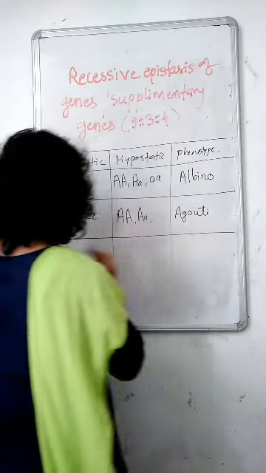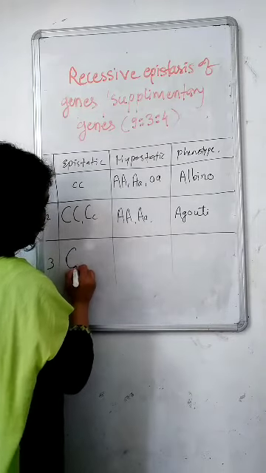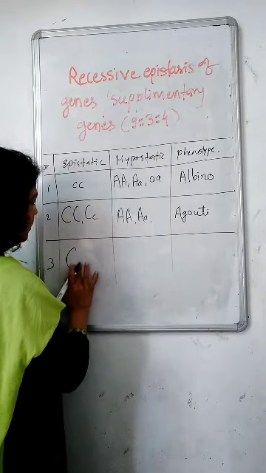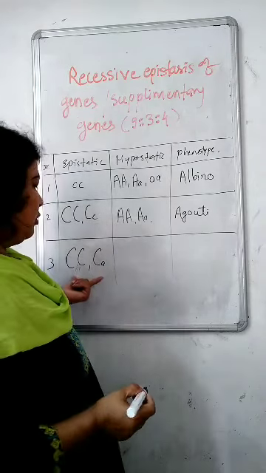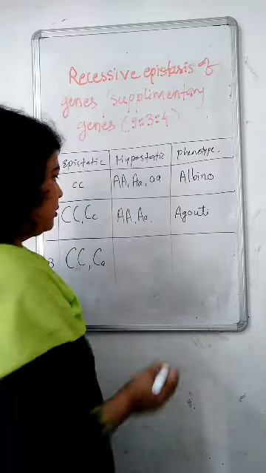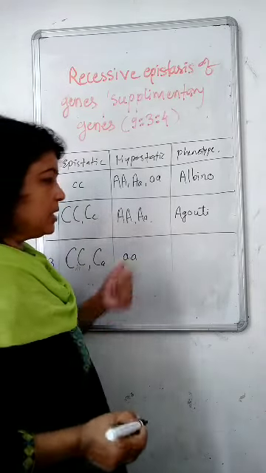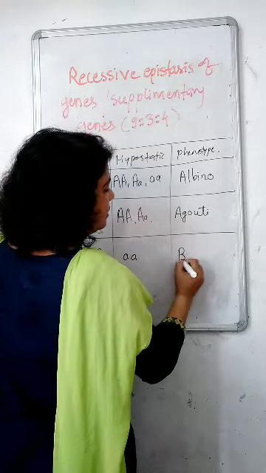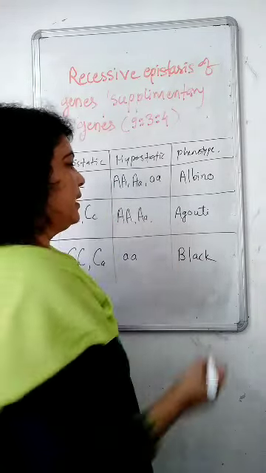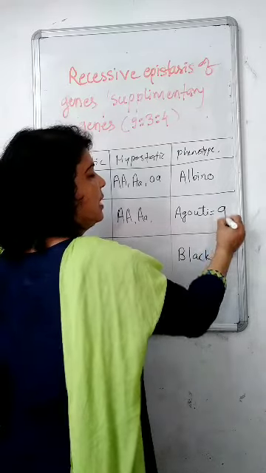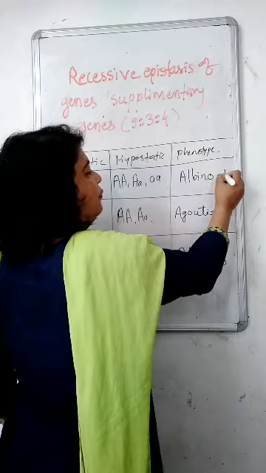And the third, when C is in dominant homozygous or heterozygous condition and A is in recessive condition, it develops black color. So agouti, the wild type, produces 9, black 3, and albino 4.